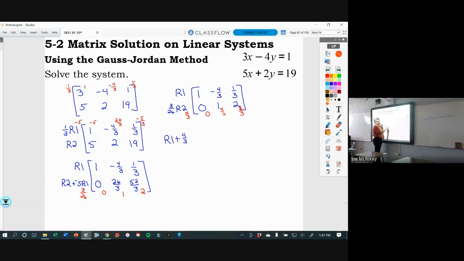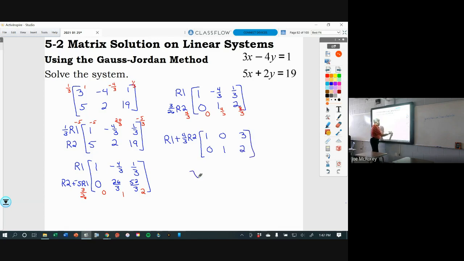Okay, so I'm taking row 1, I'm adding 4/3 of row 2 to it. I've already done the math for the 4/3, so all I'm doing is combining my red numbers with my row 1. 1 plus 0 is 1. Negative 4/3 plus 4/3 is 0. 1/3 plus 8/3 is 9/3, but 9/3 is 3.